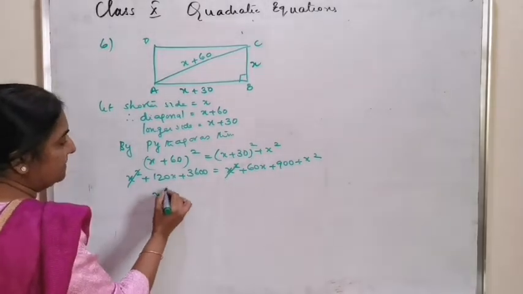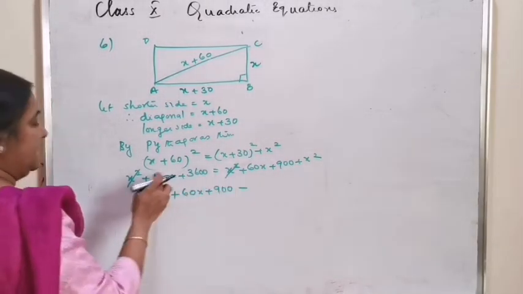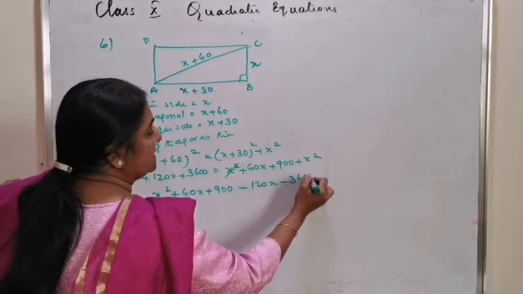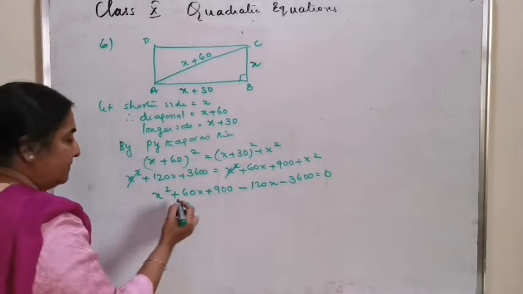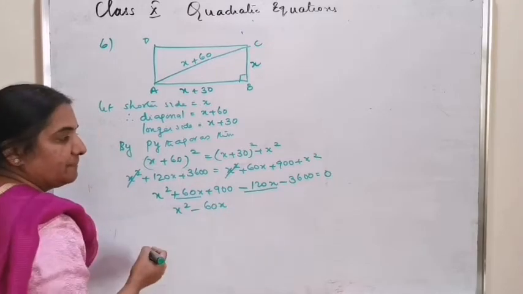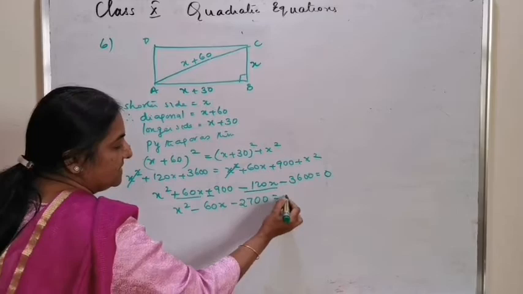Now the equation can be x square plus 60x plus 900 minus 120x minus 3600 is equal to 0, or x square plus 60 and minus 120 is giving you minus 60x plus 900 and minus is minus 2700 is equal to 0.